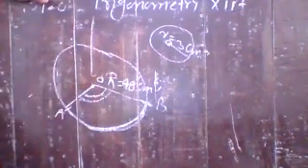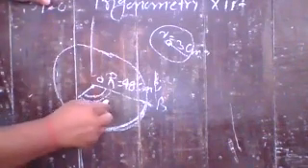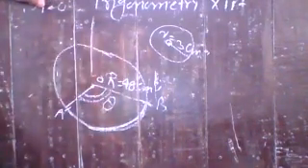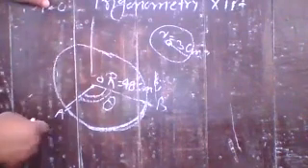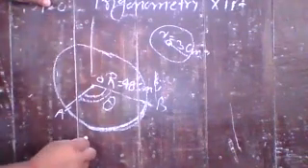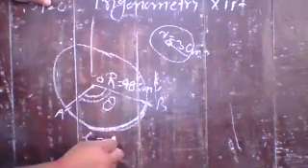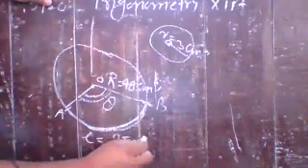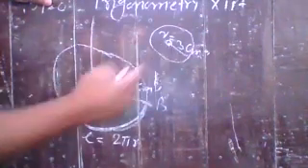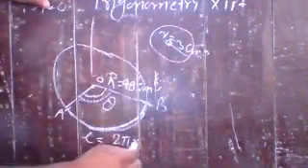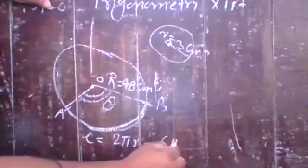Here you have to find the value of this angle, and suppose that angle is theta. As per the given information, the length of arc L, that is AB, is equal to 2 pi small r, and here small r is 3 centimeter. So you have 6 pi centimeter.